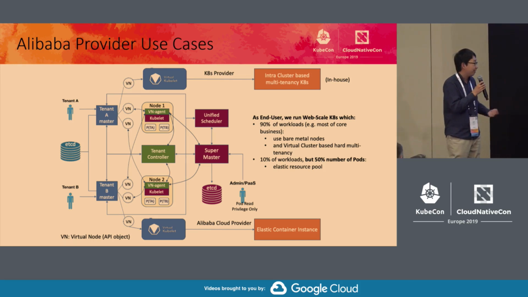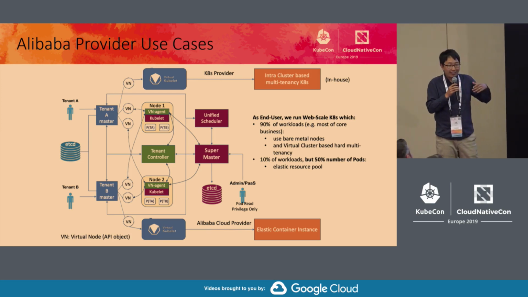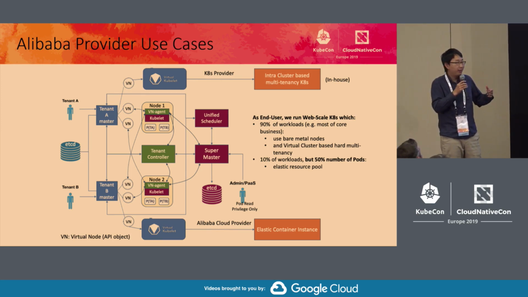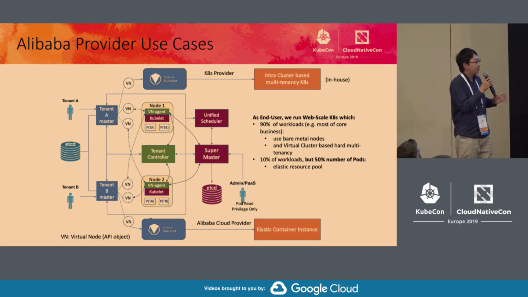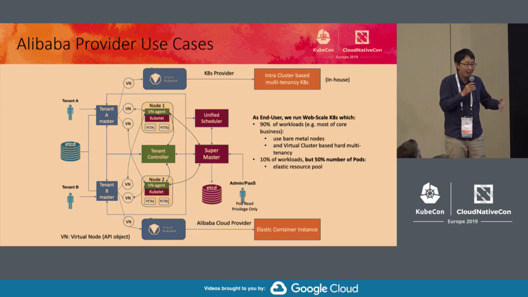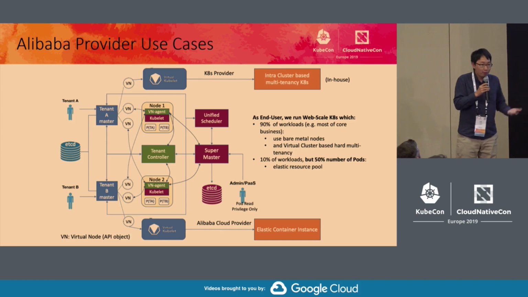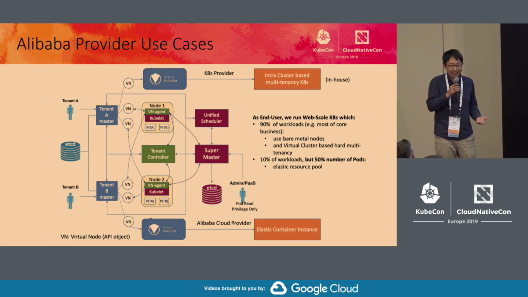The difference is like this. Whenever the tenant creates a pod, it will actually be delivered to the real Kubernetes cluster here. And this real Kubernetes cluster is running on top of the bare metal machines. So this is the most common case inside Alibaba Cloud. But also we have some very interesting use cases. For example, for Alibaba 1111, we will need to handle like 500,000 transactions per second during the midnight of 1111.